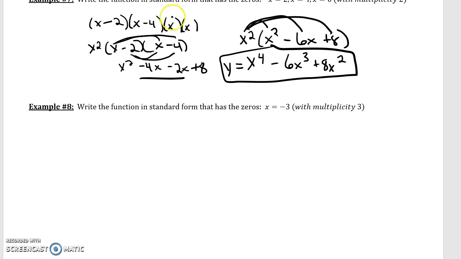Okay. Example number 8, let's talk about that. It says, write the function in standard form that has zeros, x equals negative 3, multiplicity of 3. So how many factors are you going to have? 3. You have x equals negative 3, x equals negative 3, and x equals negative 3.